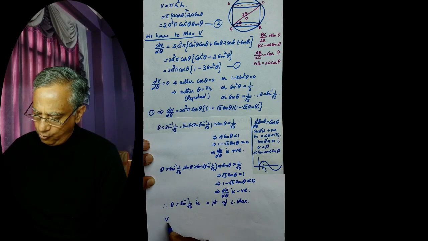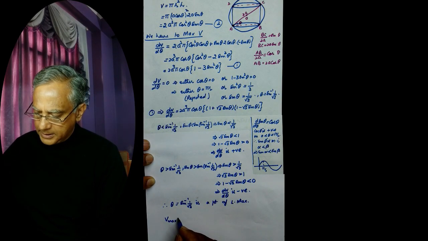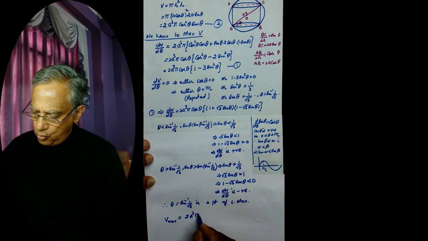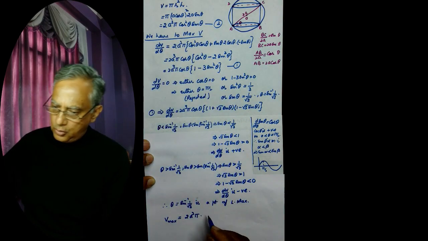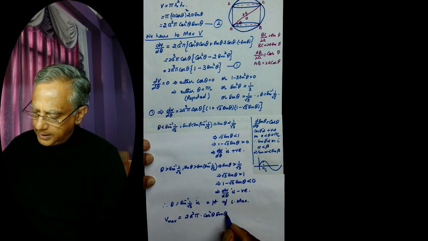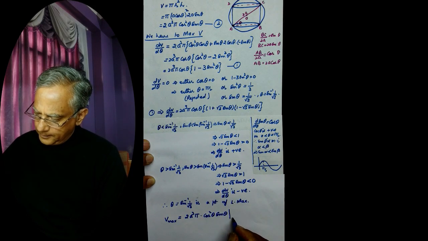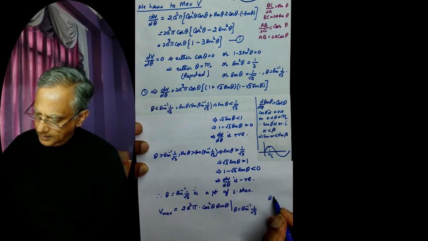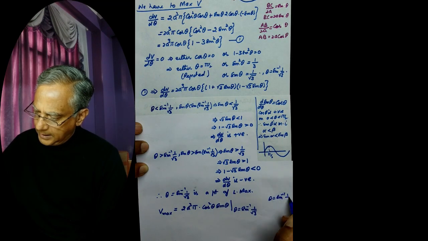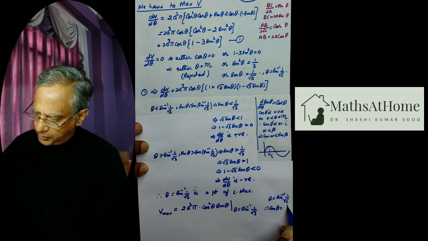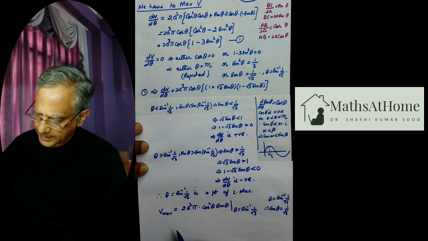Now we have to find V maximum. V maximum is equal to 2a cube pi cos square theta into sine of theta at theta equal to sine inverse 1 by root 3. That is, theta equal to sine inverse 1 by root 3 implies sine of theta is equal to 1 by root 3.